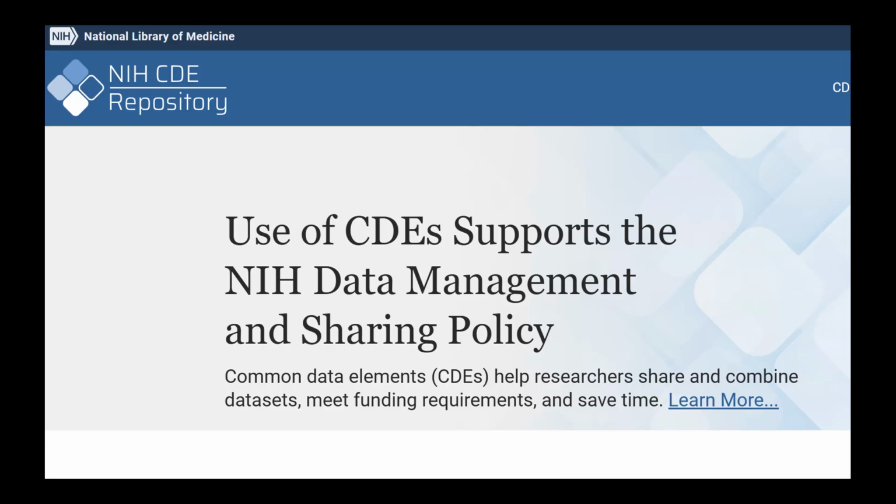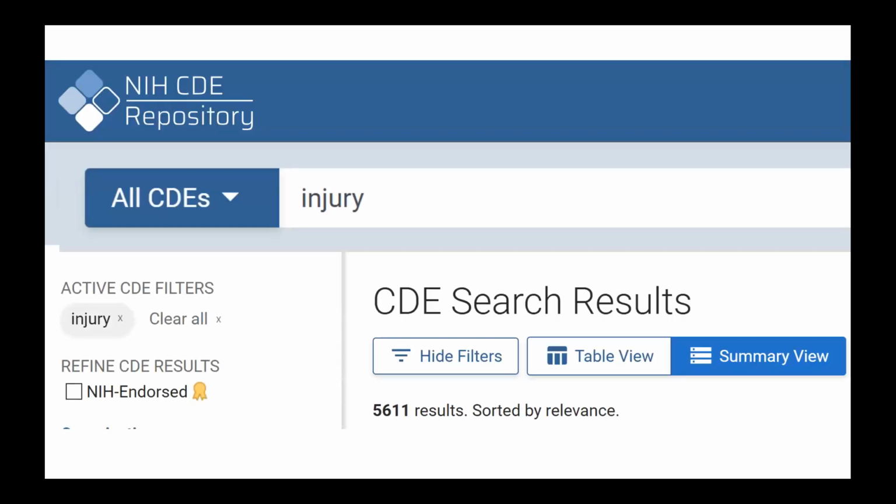And this is proved by the fact that there are way too many common data elements which overlap in different ways, where what we would need is exactly the right number of common data elements so that we would be able to share common data elements across organizations, across disciplines, across disorders, and so forth.